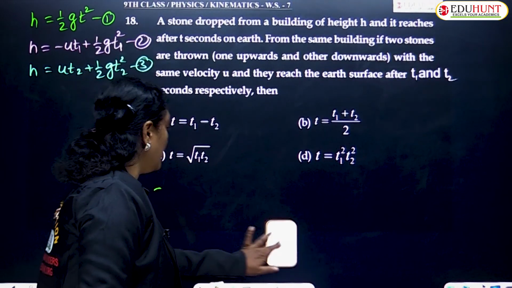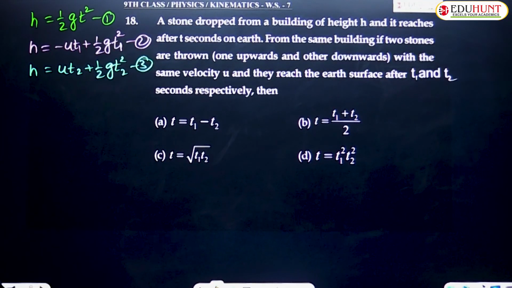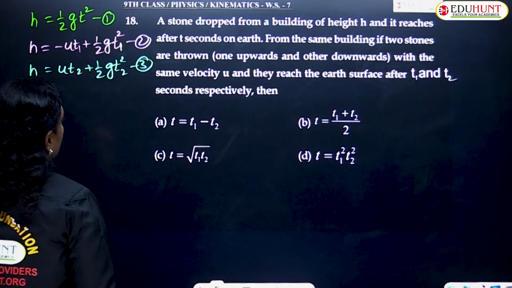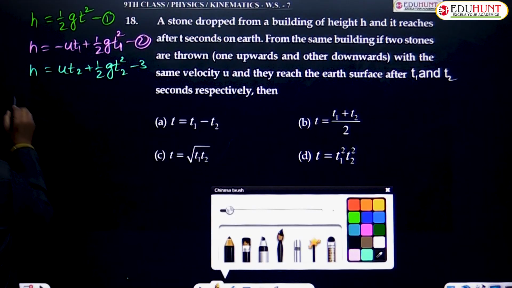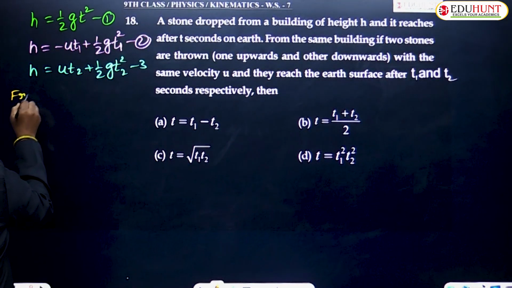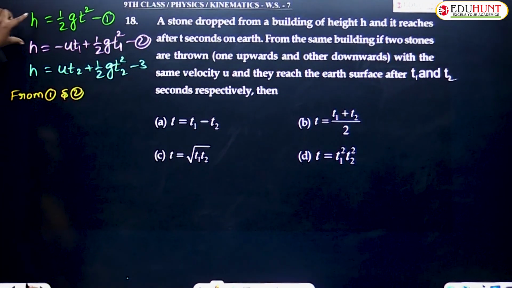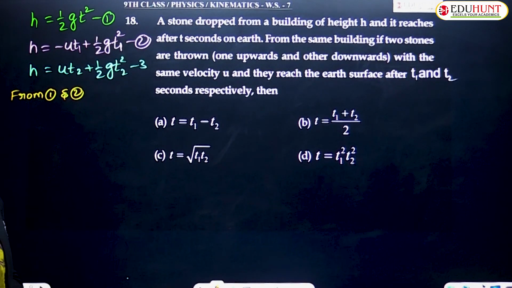So based on the 3 equations, you need to get some relation between the t, t1 and t2. First of all, children, if you observe the first 2 equations. What are the first 2 equations? Let me write it here, children. From equation 1 and 2, left hand side: in the first equation also you have the value as H, in the second equation also you have H only.